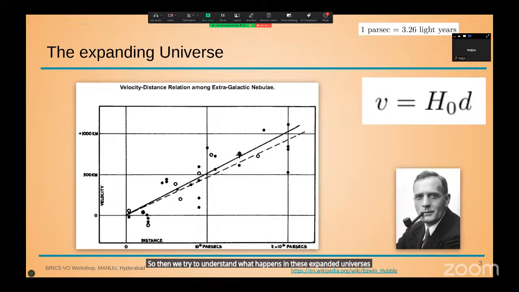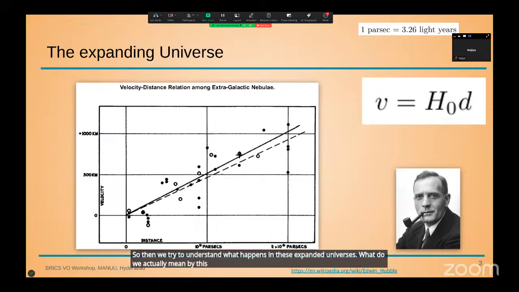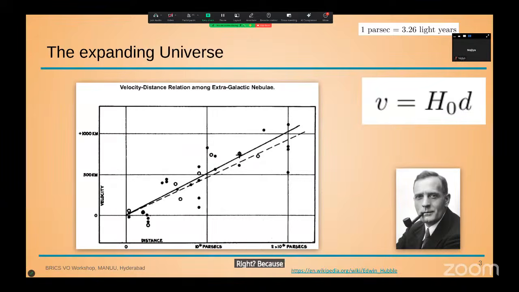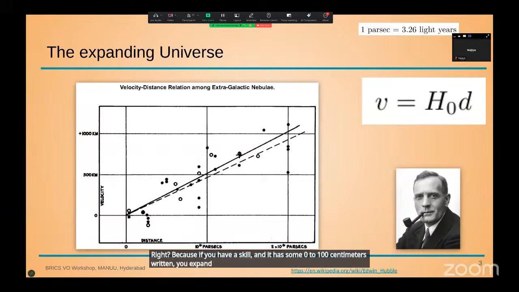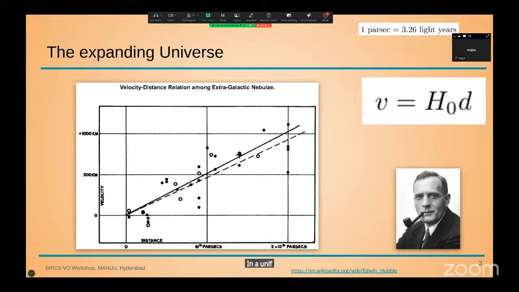What do we actually mean by distances? Because when the universe is expanding, at what moment are you talking about the distance? Right? This becomes an issue. Because if you have a scale and it has 0 to 100 centimeters written, you expand the scale in a uniform manner, then the gradations are still there.